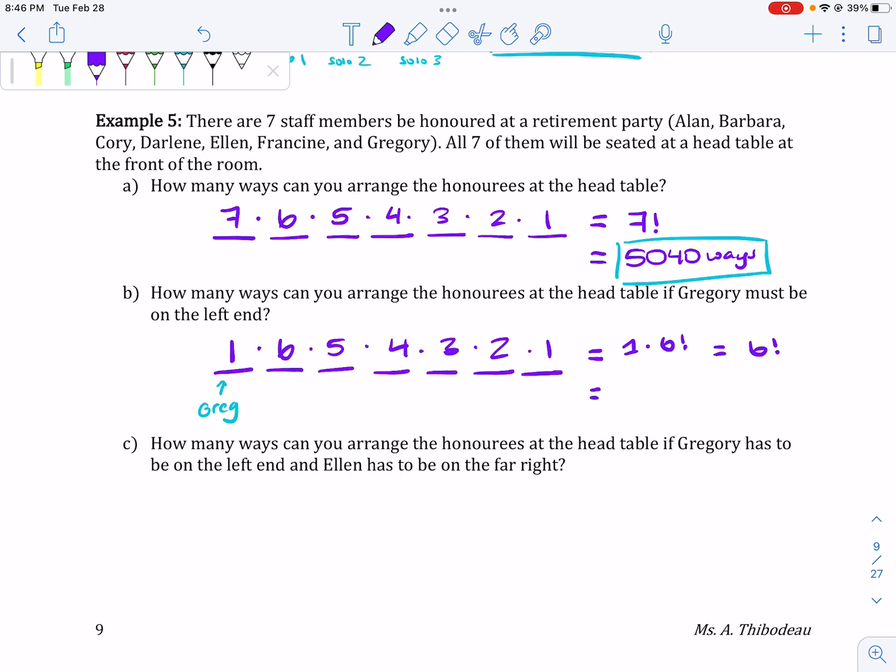And if you remember, we've actually calculated 6 factorial 3 times in this lesson, and that answer is 720. So there's 720 ways that we can now arrange these retirees, honorees, honored retirees, at this table if Greg has to sit on the far left.